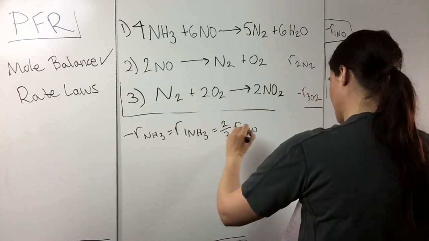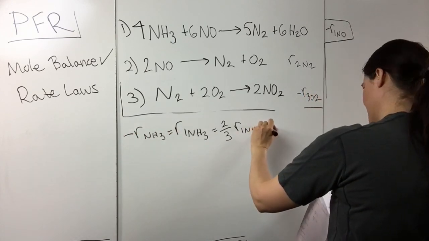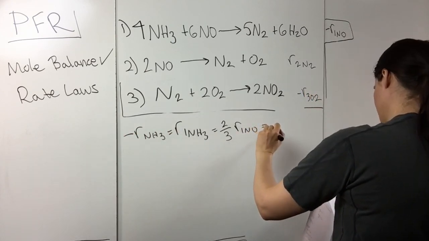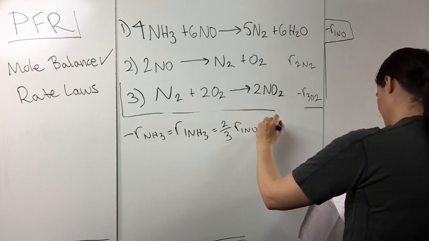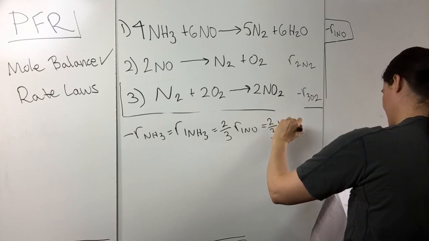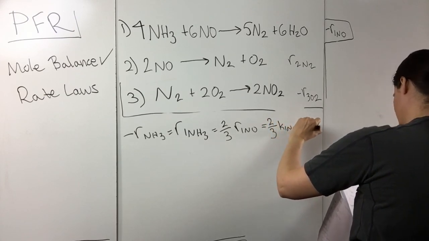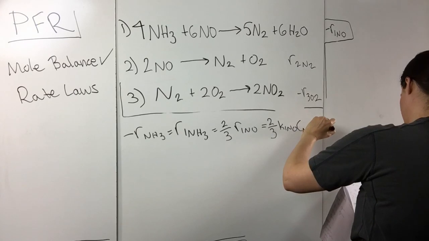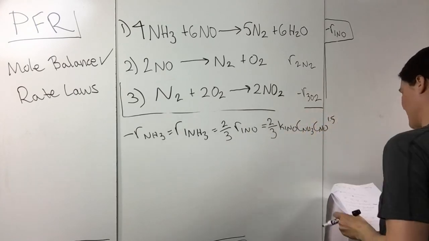This is the rate of disappearance. And so that was equal to 2/3 K1_NO C_NH3 C_NO to the 1.5.